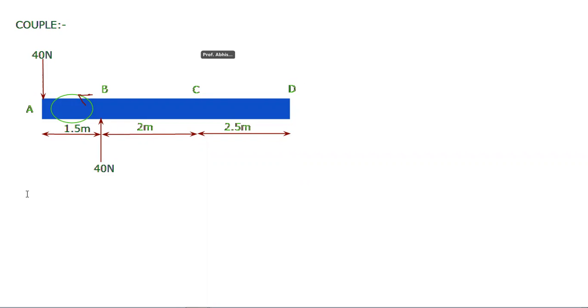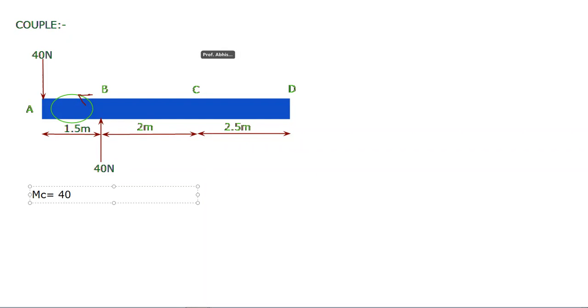We can calculate this. According to its definition, moment of couple is equal to 40 multiplied by 1.5. That is one of the forces multiplied by the distance between these two forces. This is the definition of moment of couple.